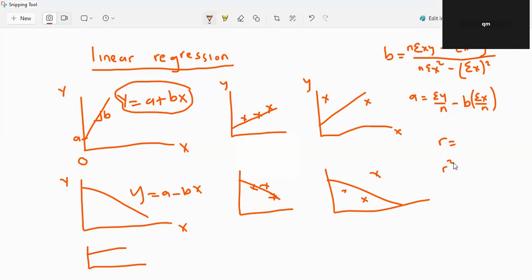The coefficient of correlation tells you whether the relationship is positive or negative. That is the job of the R. When you square the R, it is called the coefficient of determination. It helps you measure the strength of the relationship, whether it is strong, moderate, or weak. Sometimes you can have a positive relationship, but the strength of the relationship is not as much.